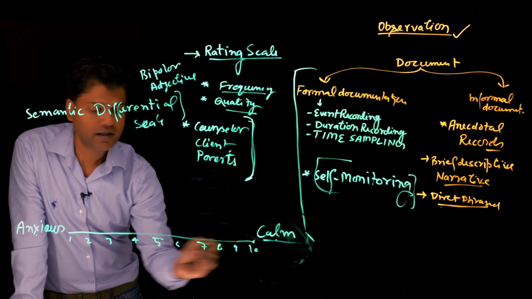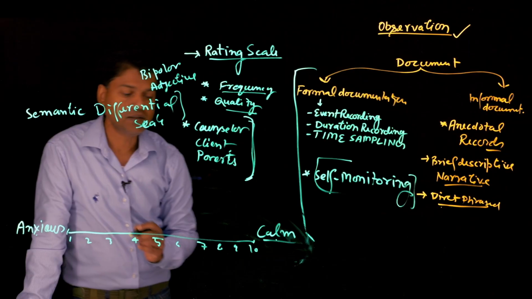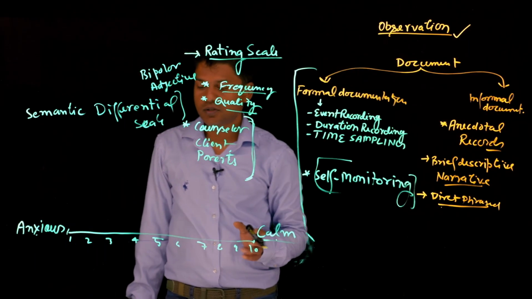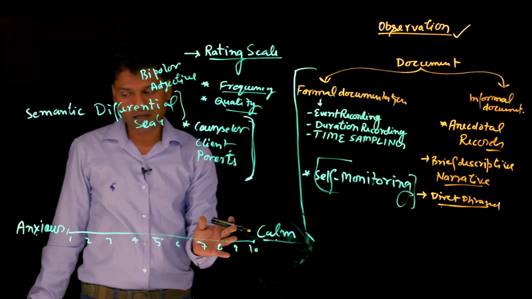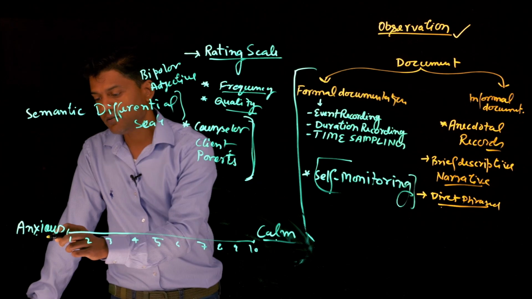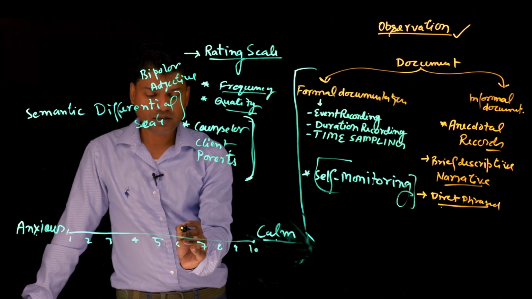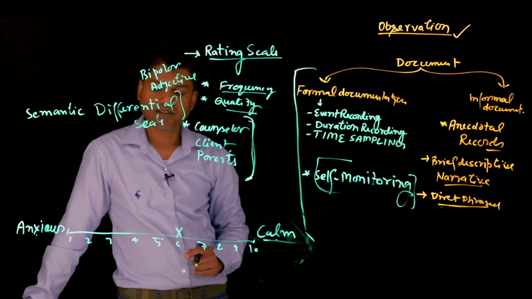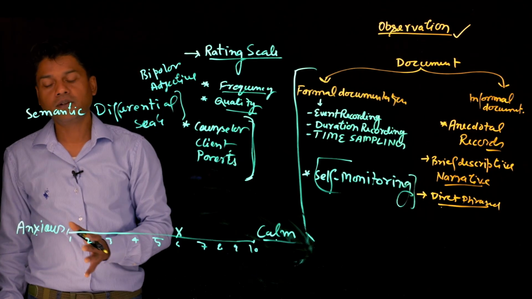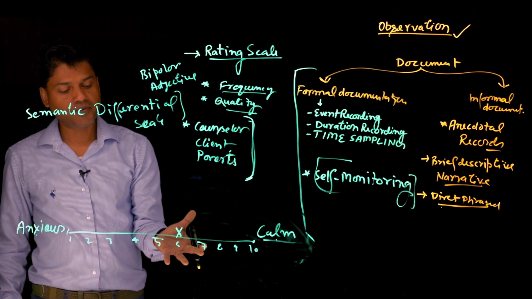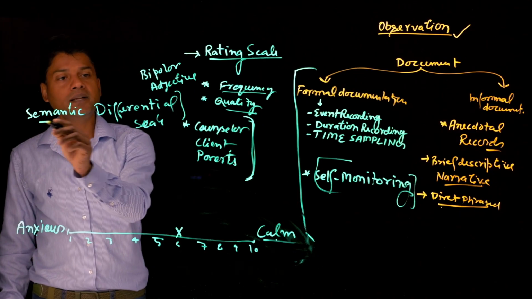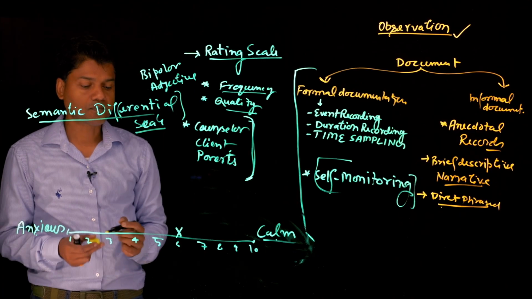Now I ask the participant to put a cross wherever they feel they are. So on one spectrum you have feeling anxious, and on the other feeling calm, and the person might put a cross here. So this is another type of scale. We call it the semantic differential scale.